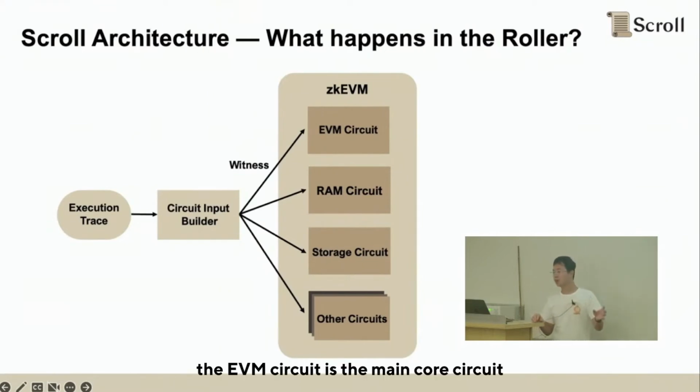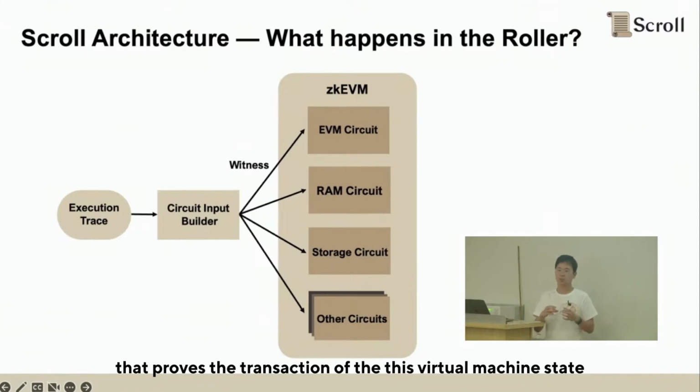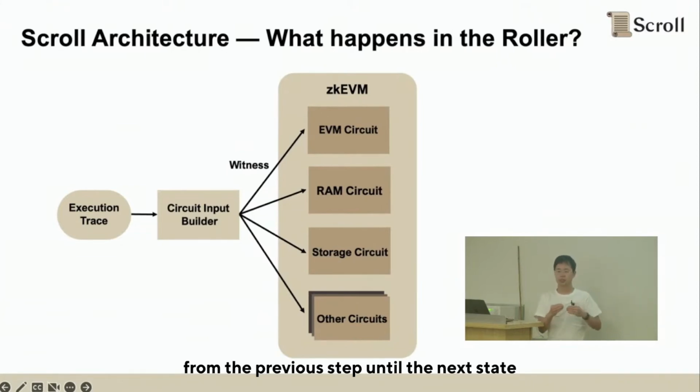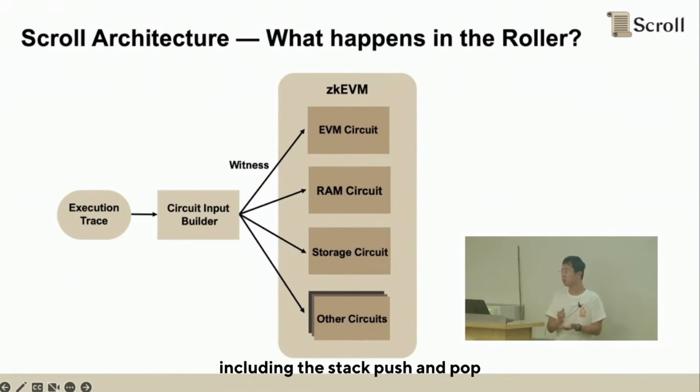There's an EVM circuit. It's the main core circuit that proves the transition of the virtual machine state from the previous step into the next state by applying the opcodes. And then this RAM circuit is going to constrain any read-write operations that happen inside the Ethereum virtual machine, including the stack push and pop, the memory read and write, and the storage modification.